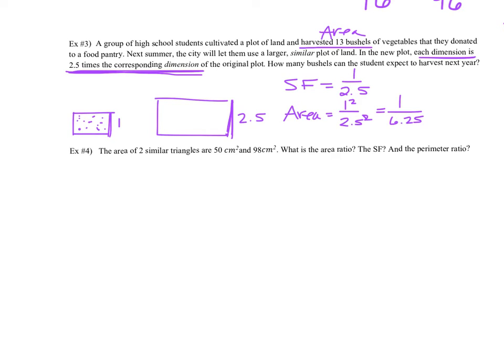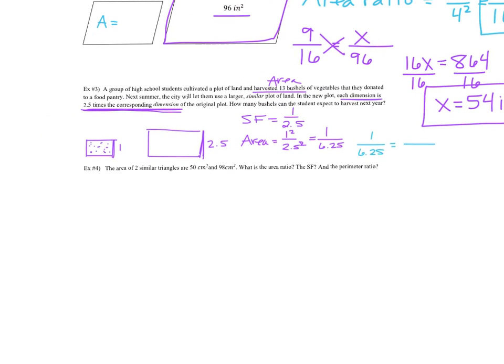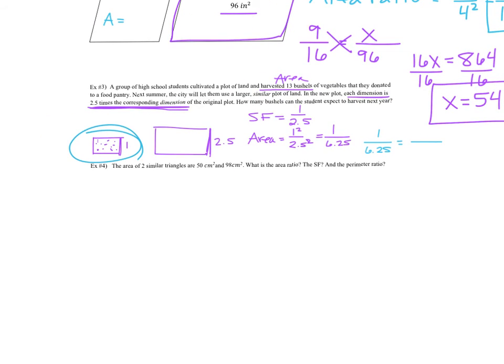Okay. How do I figure out how many bushels we can harvest? Set up a proportion. So we're going to say 1 to 6.25 is going to equal, what number are we using here? The 13. And where is that 13 going to go? On the top. 13 corresponds to the 1, right? Because the 13 corresponded to the smaller plot.